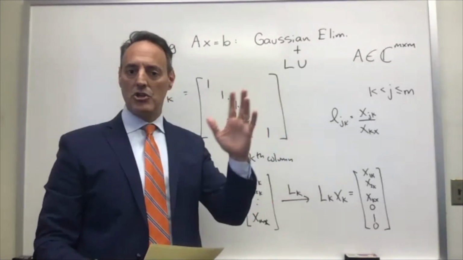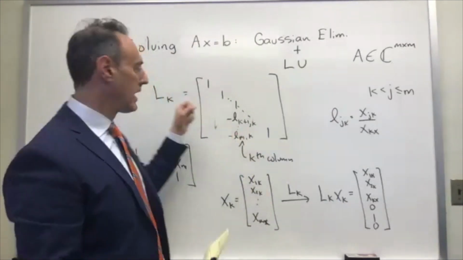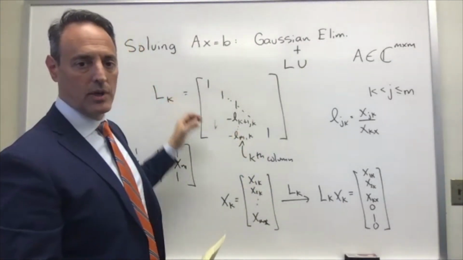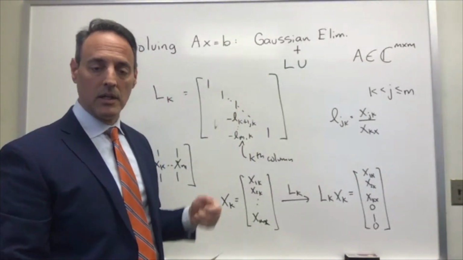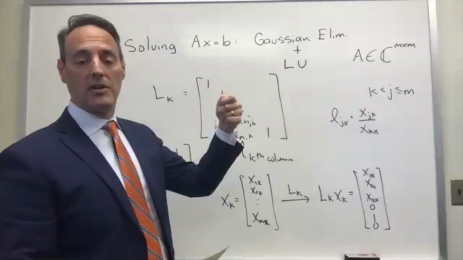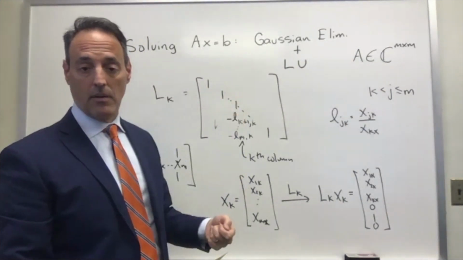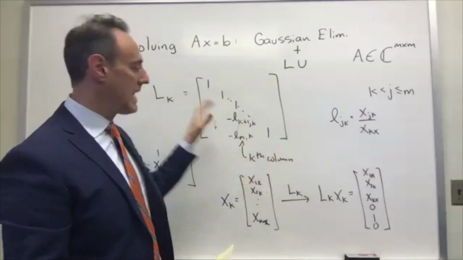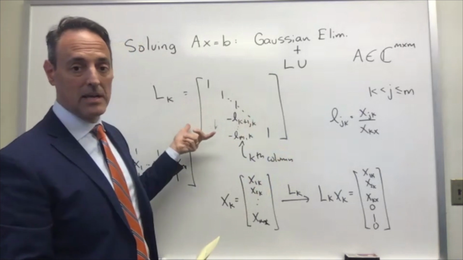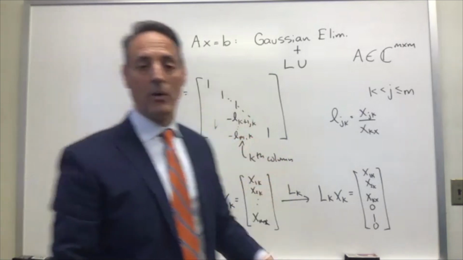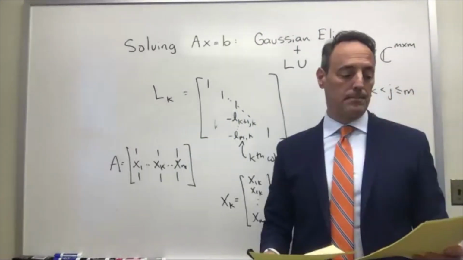So every time I do a step of the Gaussian elimination to eliminate entries, I get a new L_K. So I get L_1, which removes all the entries in the first column below the diagonal. L_2 removes all the values below the diagonal in the second column, and on down the line. And now what this allows me to do is keep track of it, because there, in fact, is the matrix that does exactly what we've been doing in Gaussian elimination since we took our first course in linear algebra.